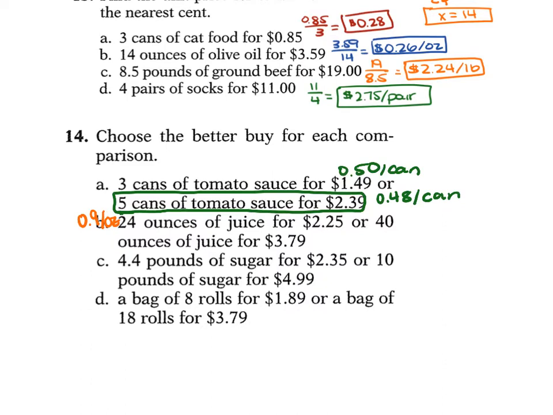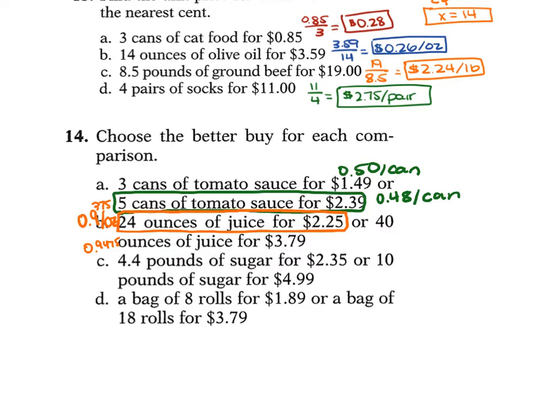So $3.79 divided by 40 is 9 cents as well. However, if we look at these, this first one is 0.09375. The second one is 0.09475. So the top one would be our better buy.